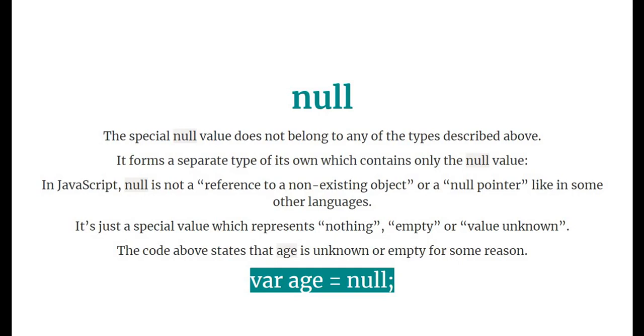In JavaScript, null is not a reference to a non-existing object or a null pointer like in some other languages. It is just a special value which represents nothing, empty, or value unknown. The code above states that the age is unknown or empty for some reason. Now var age, we have created a variable called age and you have assigned it as null. So that means there is nothing and it is empty.